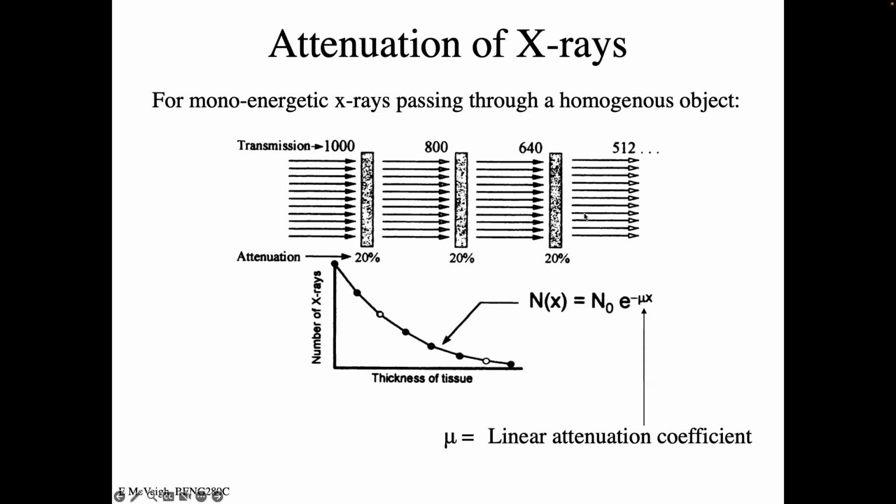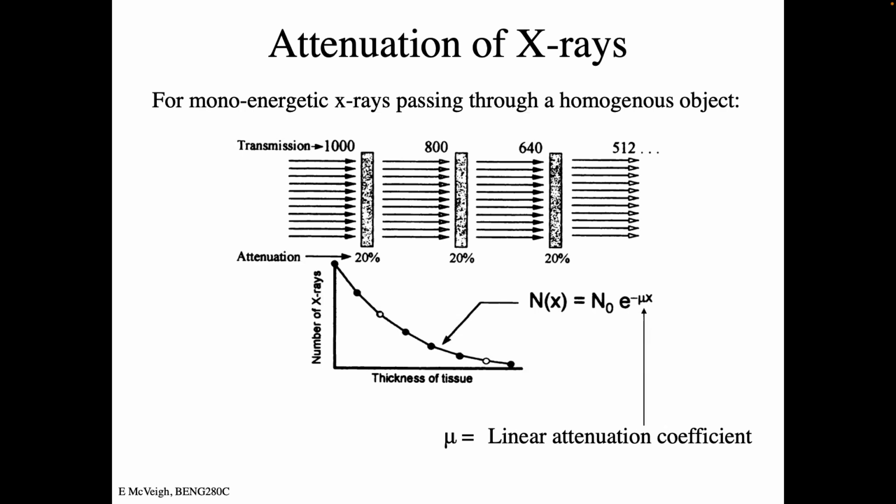You can derive this equation in multiple ways, but we're just going to go straight to the solution, which says that the number of X-rays I see at any depth X through a material is proportional to the number that went in times an exponential decay, which is proportional to the depth X, how far in the material we are, and a physical constant, a coefficient, that is dependent on the atomic structure of the material.